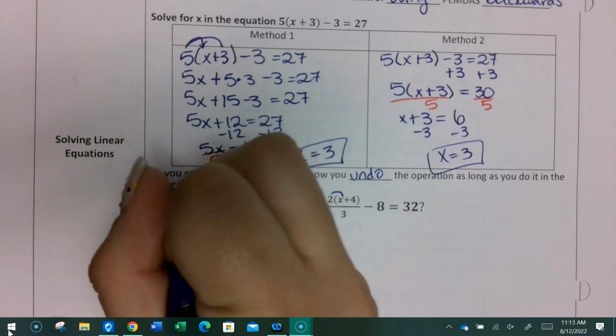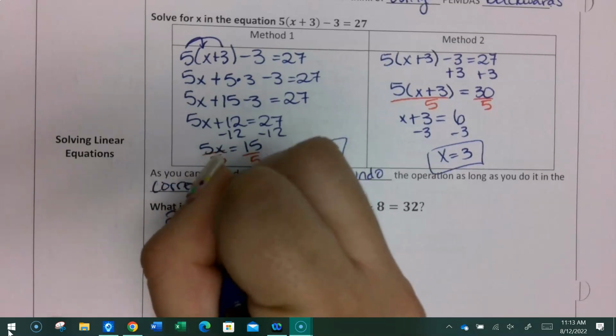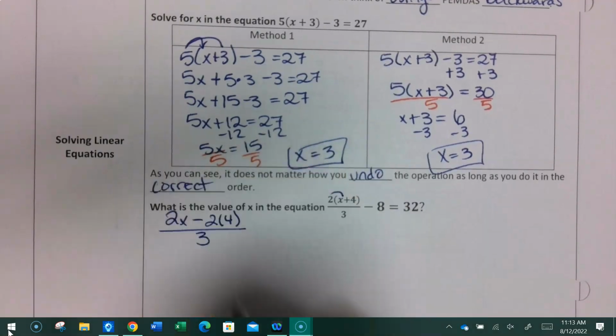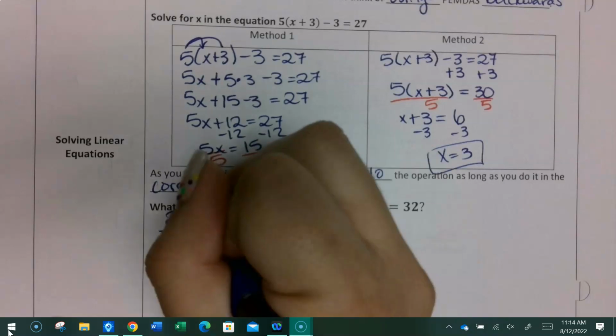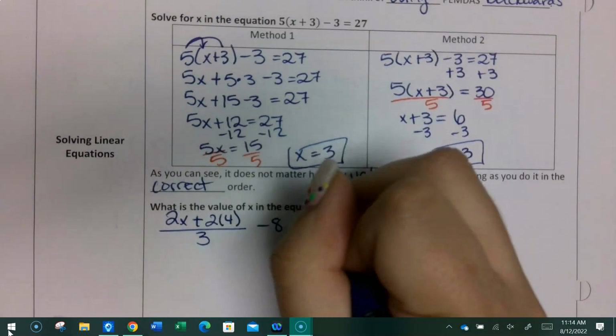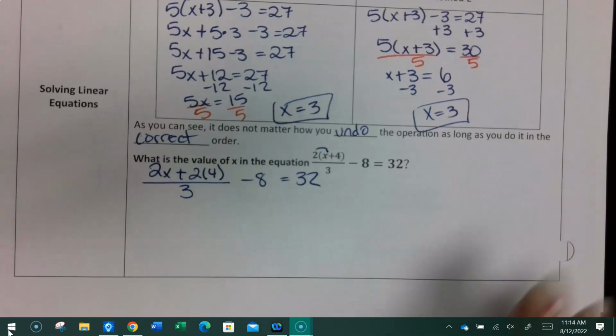Okay, so then I'm going to get 2x minus 2 times 4, plus, minus 8 equals 32. Okay. So what is 2 times 4?